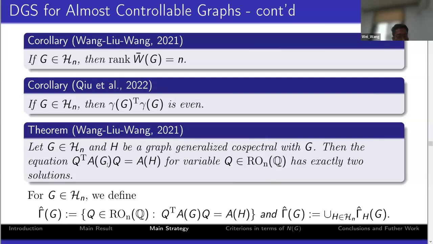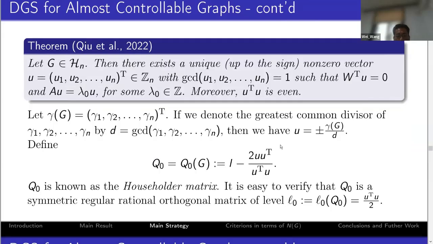Based on a similar idea, we can define hat gamma G, similar as before. Also for almost controllable graphs, there are some unique properties. If G is an almost controllable graph, then there is a non-zero vector U, unique up to a sign.